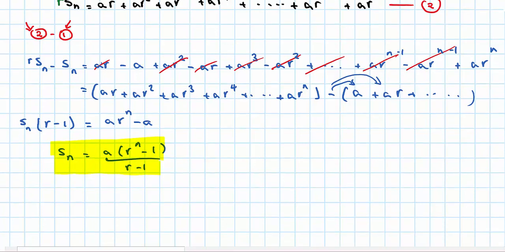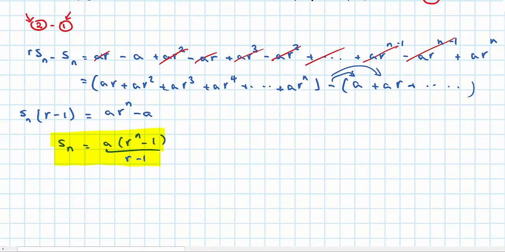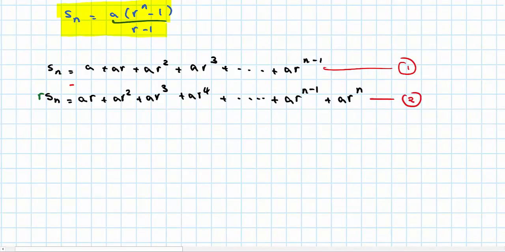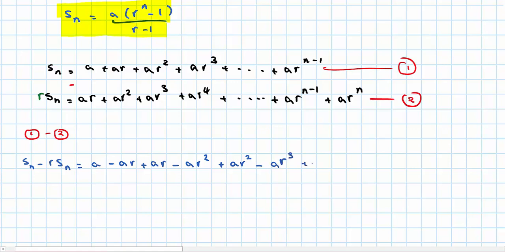As I said, the alternative is to do 1 take away 2. So now we're going to take equation 2 away from equation 1. On the left hand side, I am going to have Sn minus rSn, and on the right hand side it's a minus ar plus ar minus ar squared plus ar squared minus ar cubed, and so on.